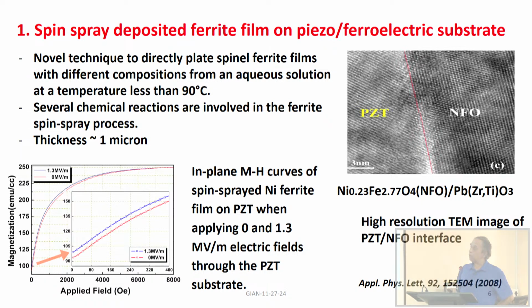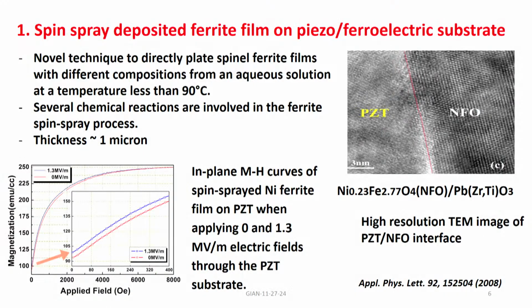Okay, so there are literally thousands of papers on thin films. So, I have selected a few examples that are of some interest probably to you. The reason being, spin spray deposition is a very low cost technique that involves the use of nitrates or acetates, and you do not have to treat the film at very high temperature.